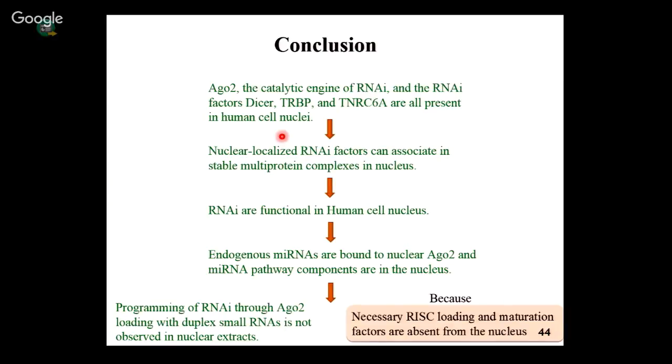Can RISC loading happen in the nucleus as well? And also, is there any lethal effect on the cell if we overexpress those chaperone proteins, which may be involved in RISC loading, in the nucleus? What will happen?